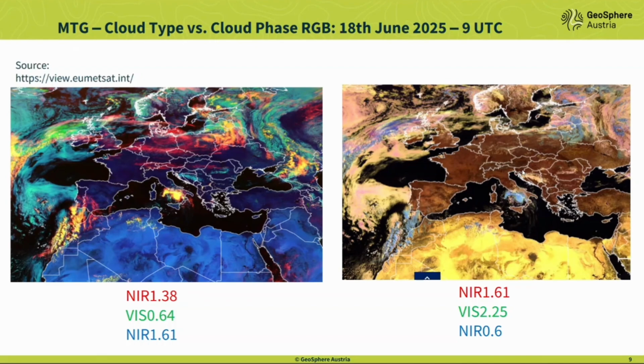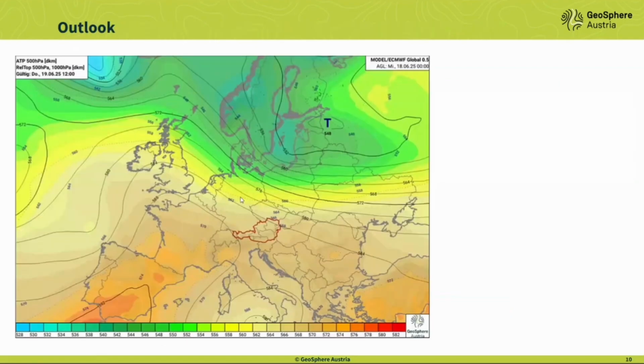And yeah, the big difference why the cloud phase does not see thin cirrus too well is the near infrared 1.38, which is really doing all the localization of the thin cirrus clouds. So apart from that, not much is going on over Europe. Widespread high pressure weather, as I said in the beginning.